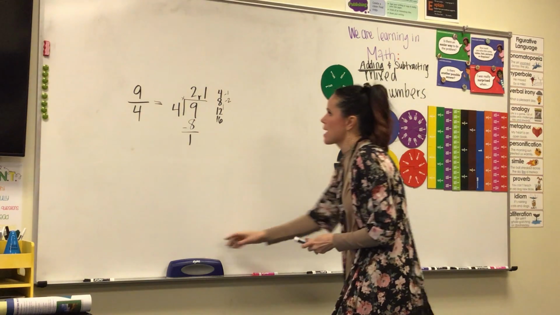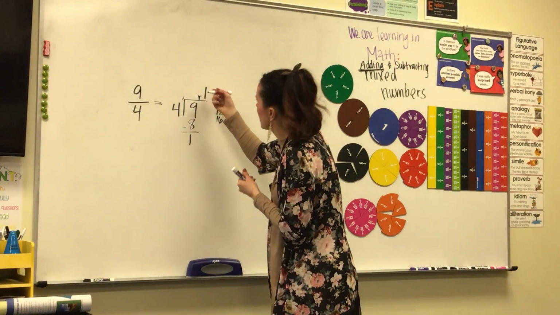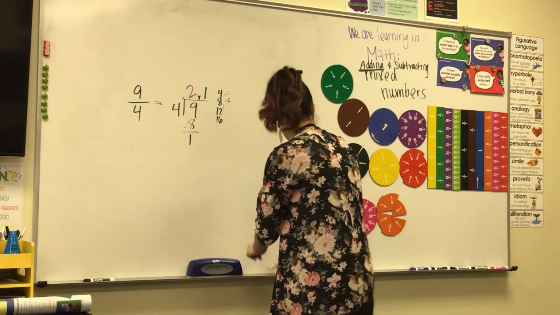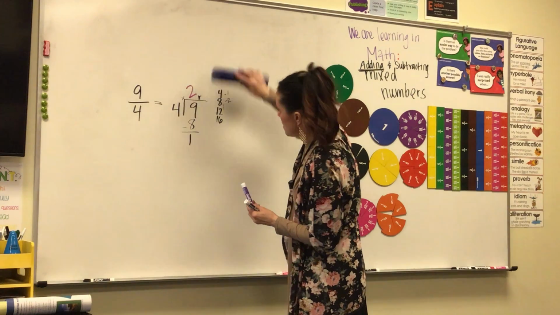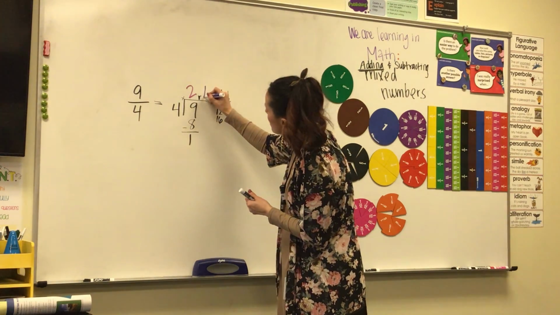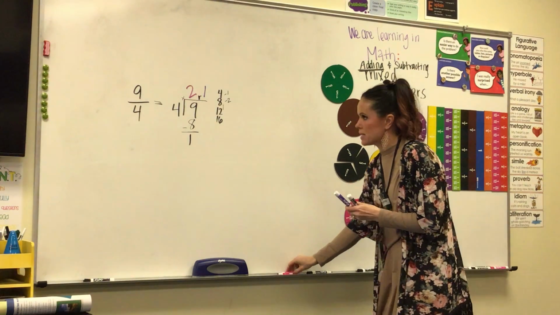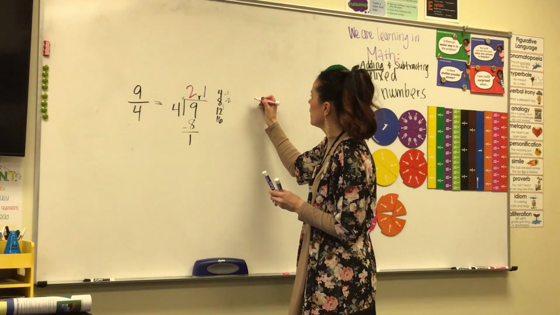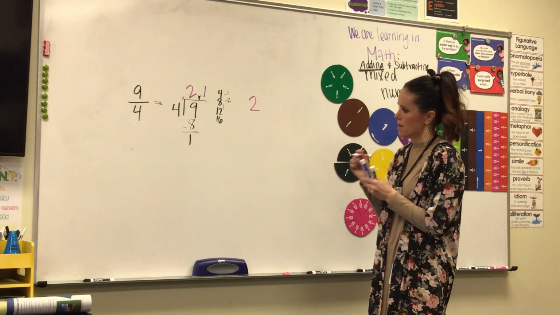Okay? All right. I'm going to write this 2 in pink, and I'm going to write the remainder in purple. All right, now when I transfer those over to mixed numbers, it'll make more sense. So anytime I have a whole, that is my whole in a mixed number.